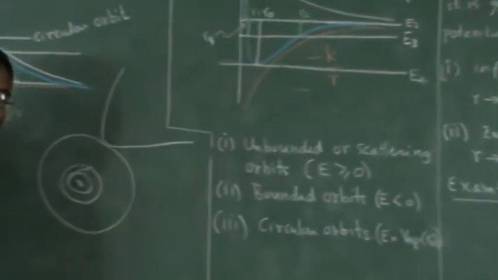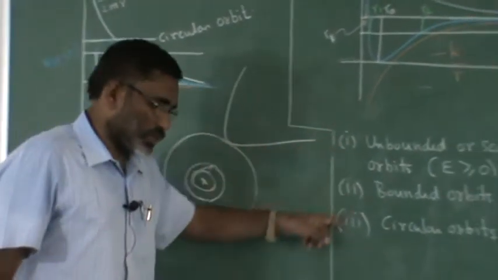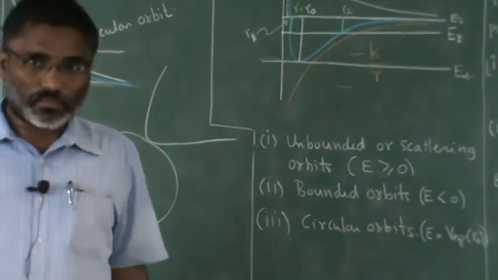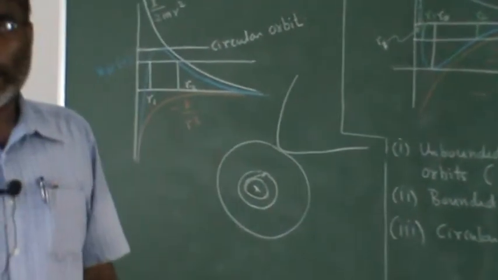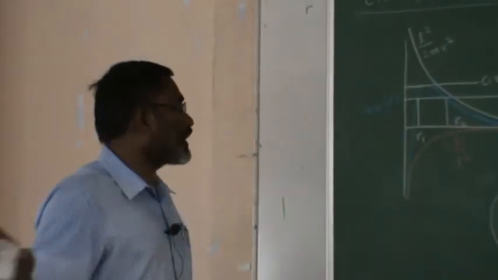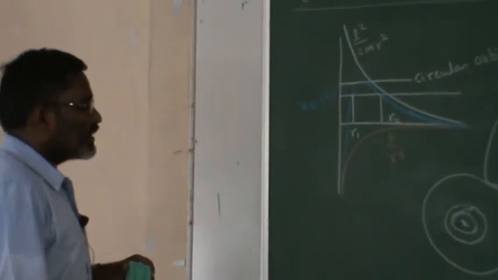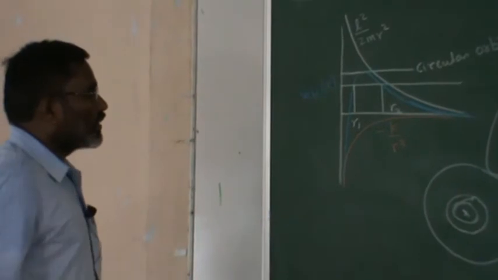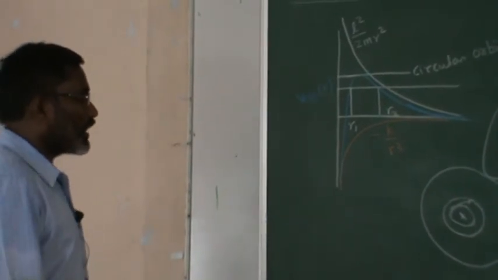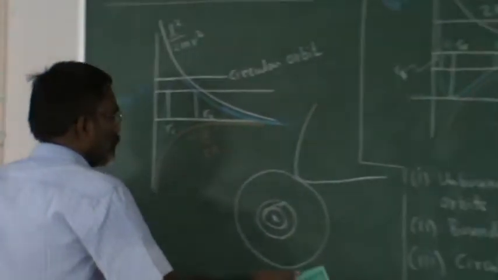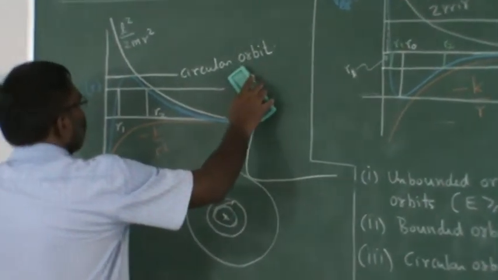So the method of classification is okay, but this classification is not valid. So this is about the classification of orbits, and it is in general true for a large class of potentials.